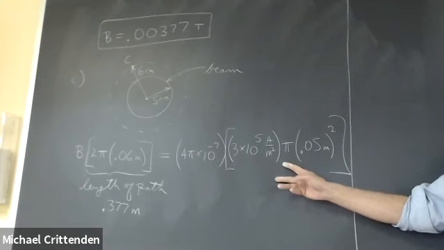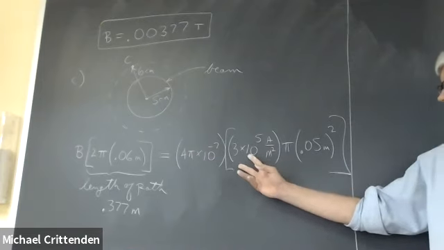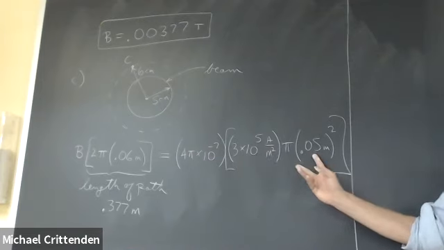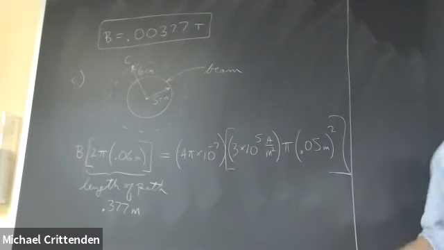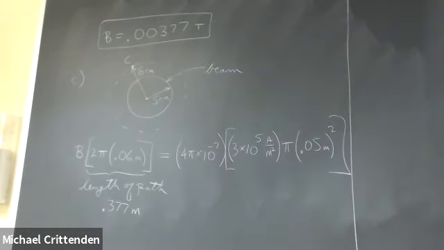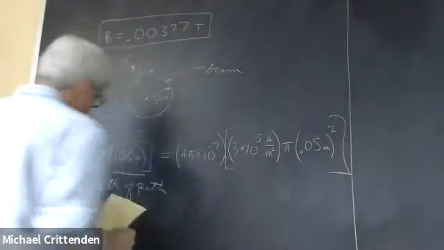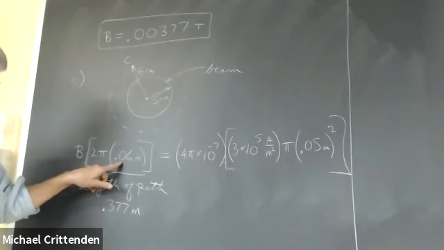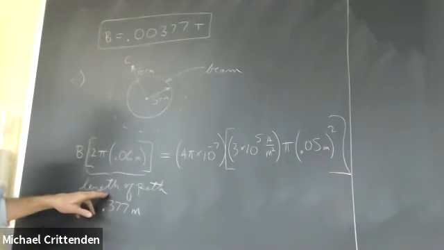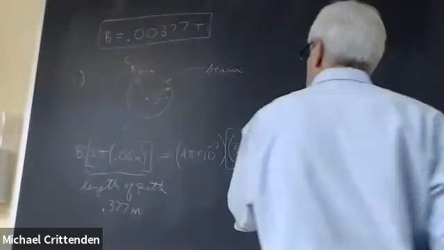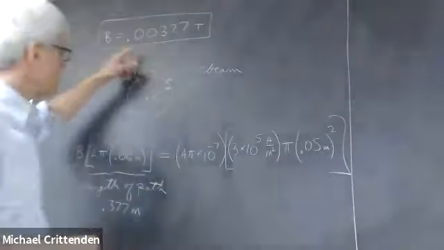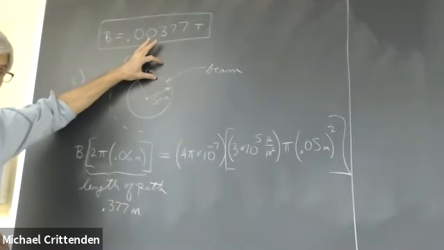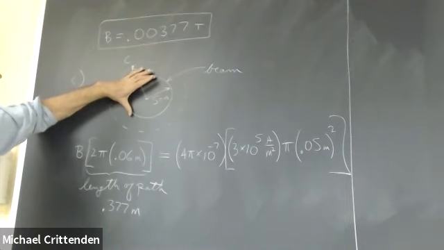Just like in the first part of the problem, the current passing through the path is the current density times the area, but see, in part A, it was the same radius in both places. 0.02 in the one spot, 0.02 in the other spot. Here, it's not.